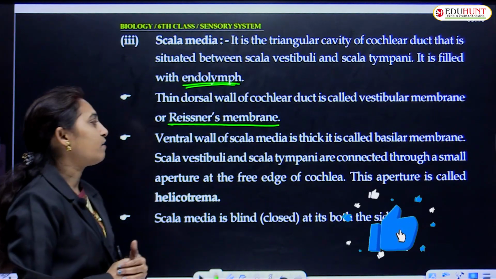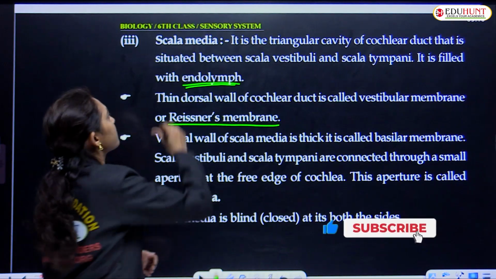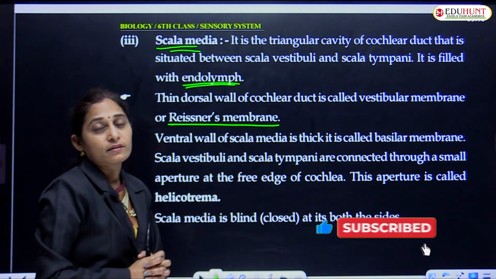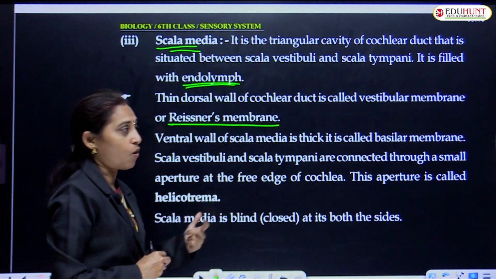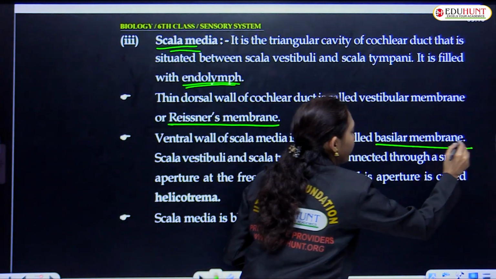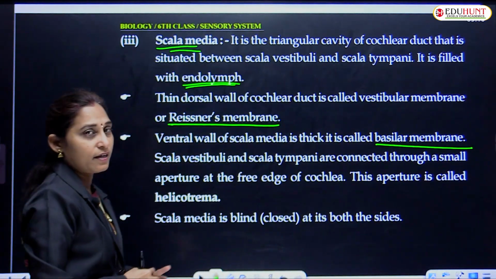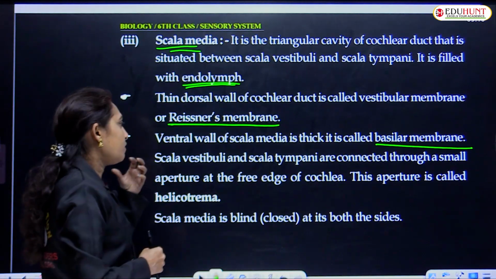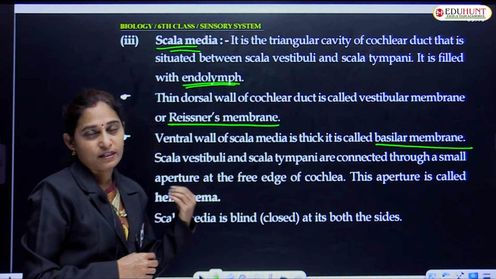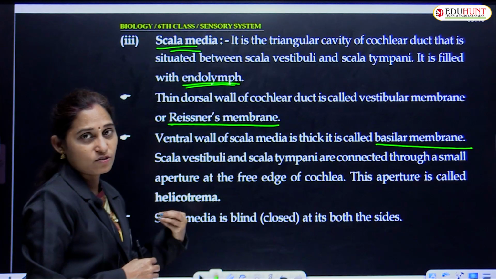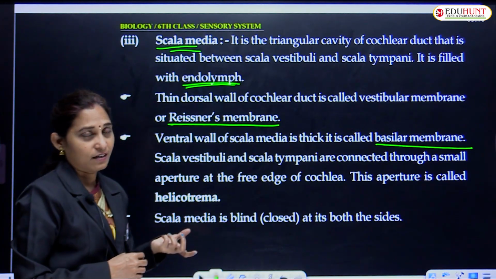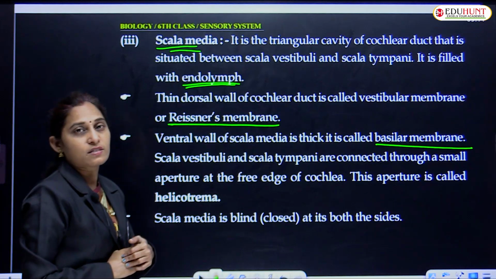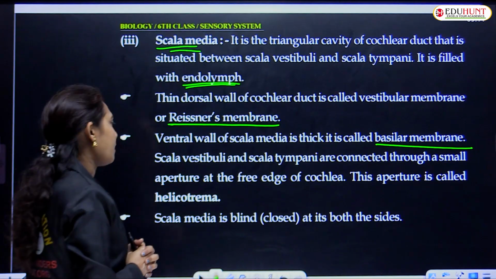And the ventral wall of the scala media is thick and is called the basilar membrane. Basilar membrane is the thick ventral wall of the scala media. The wall is a membrane but it is thicker in the ventral wall of the scala media, called the basilar membrane.